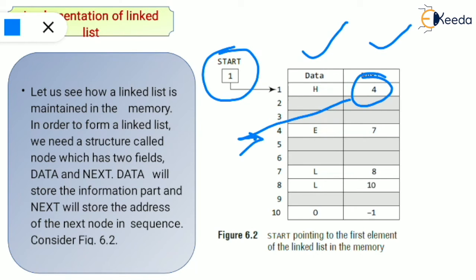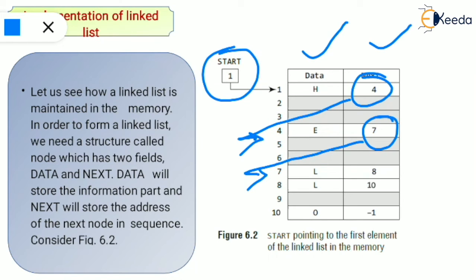The data is E, and again we are pointing to 7. And again we move to 7. Again we are storing data L, and again we are pointing to 8.